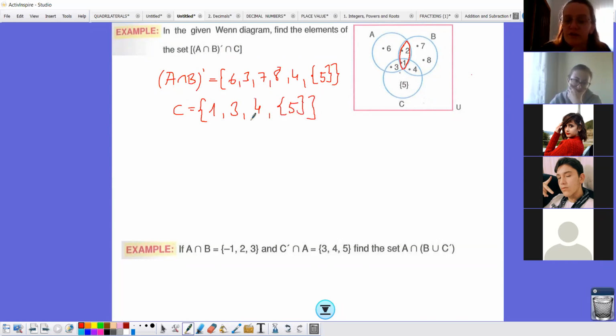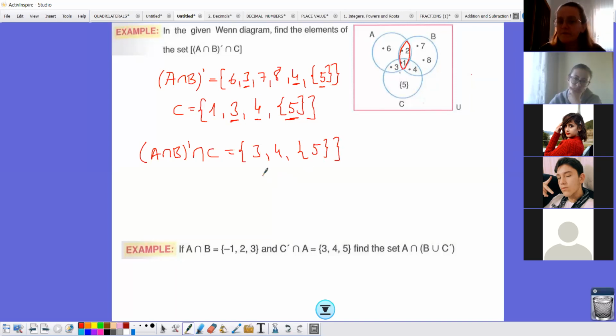Yes. Teacher, why is that 5 in blue? Find the common ones with this one. Which one? 3 I have here. 3, 4, and this 5 with brackets. Yes, and this 5. So A intersection B complement intersection C is 3, 4, and this 5.